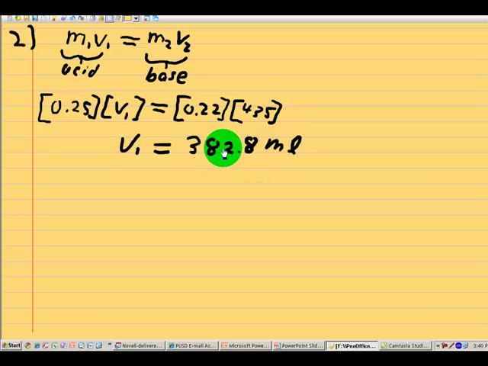So this is the volume of hydrochloric acid, which is at a 0.25 molar concentration. That's the amount that needs to be added to neutralize or bring to a neutral value this much base.